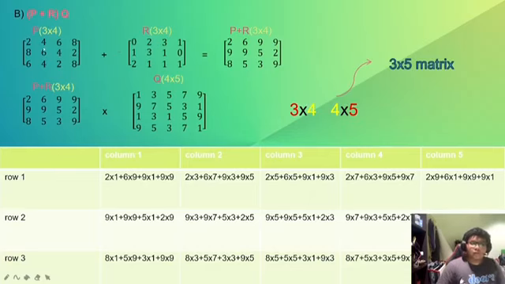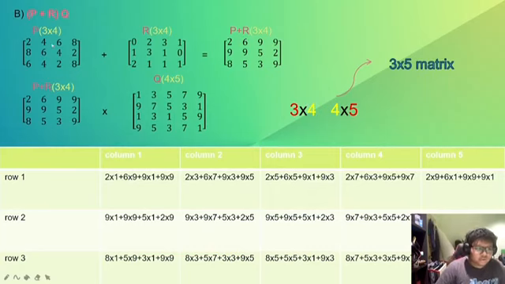I am going to start with the number 2, which is in the first row, first column. Then I will add it to number 0, which is also in the first row and first column of the R matrix. So we add these two and get the answer here, in the first row and first column also.